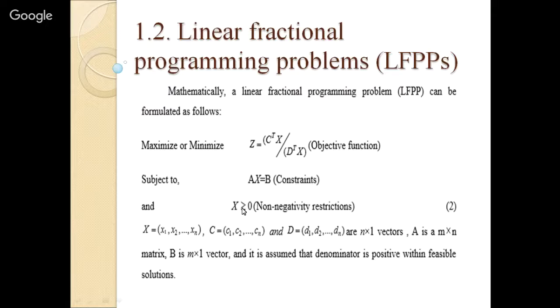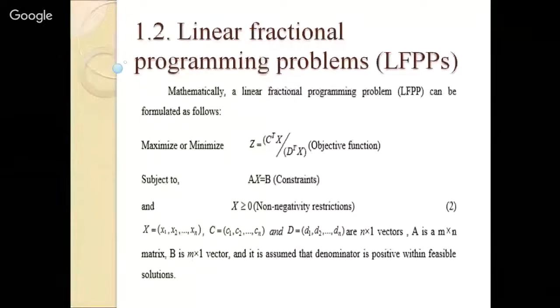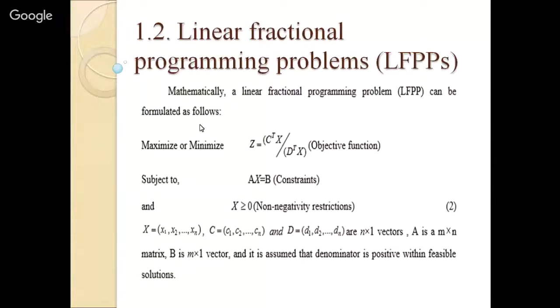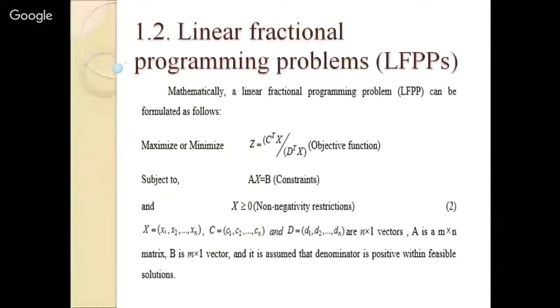X is the decision variable vector, and X greater than or equal to 0 means each and every element of this vector is greater than or equal to 0. It means X1 is greater than 0, X2 is greater than 0, up to Xn is greater than 0. So this is the mathematical formulation of linear fractional programming. Now it becomes more difficult. These are the standard form.